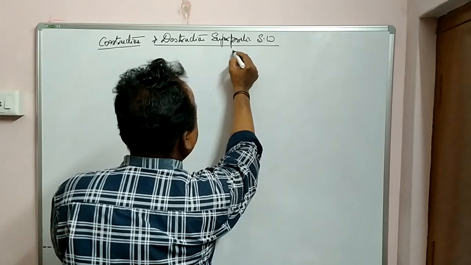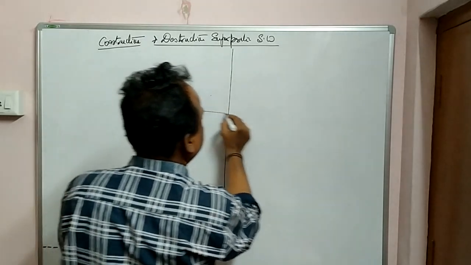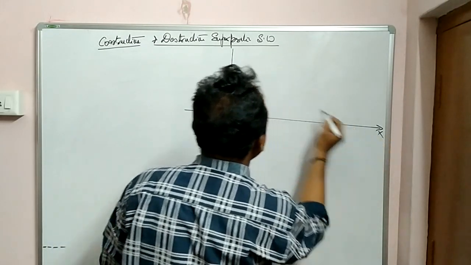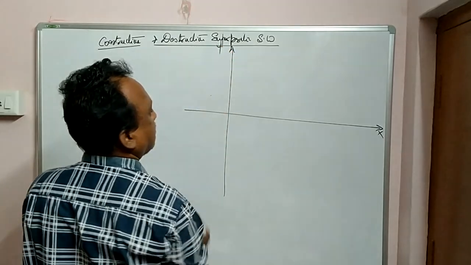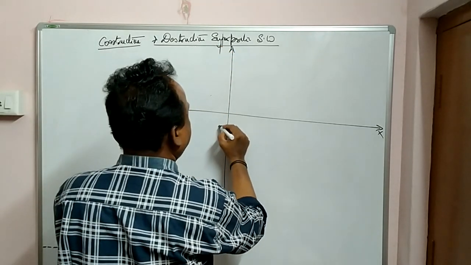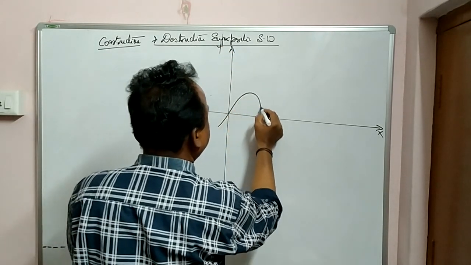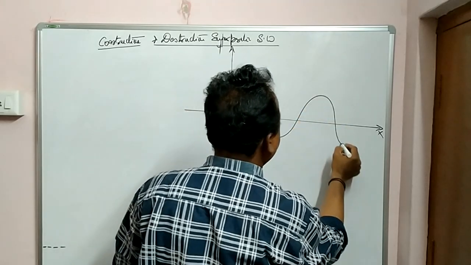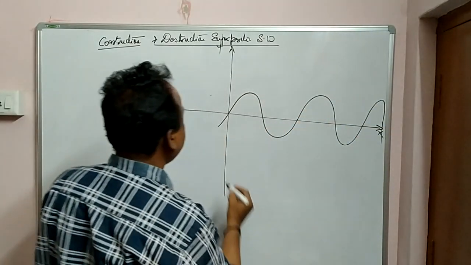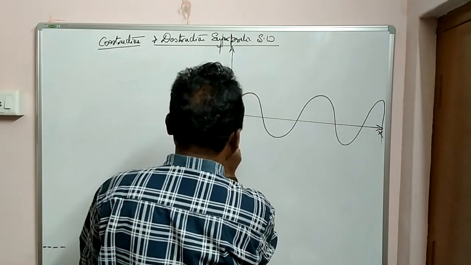For example, see this graph. Suppose one wave is going in this fashion, one sound wave, that is a sine graph. Let this be the y1 wave.